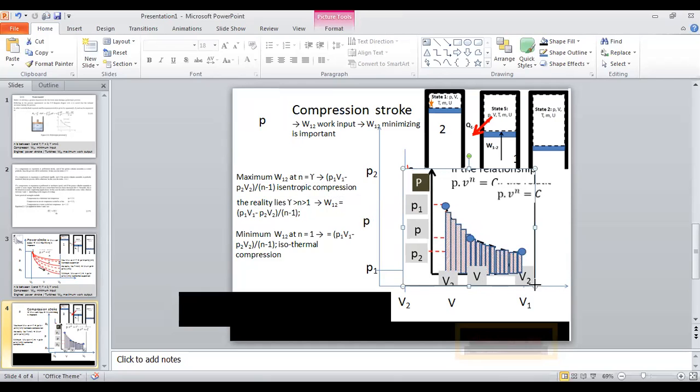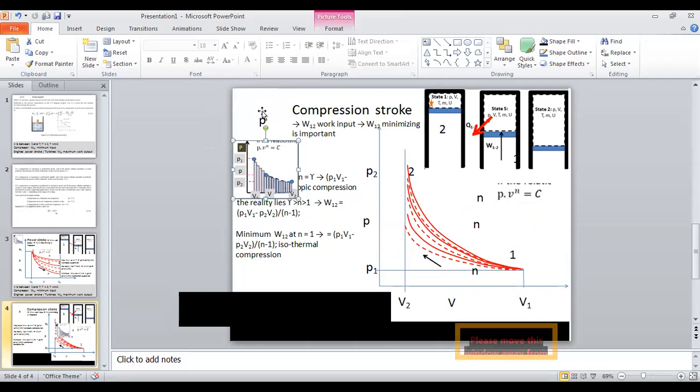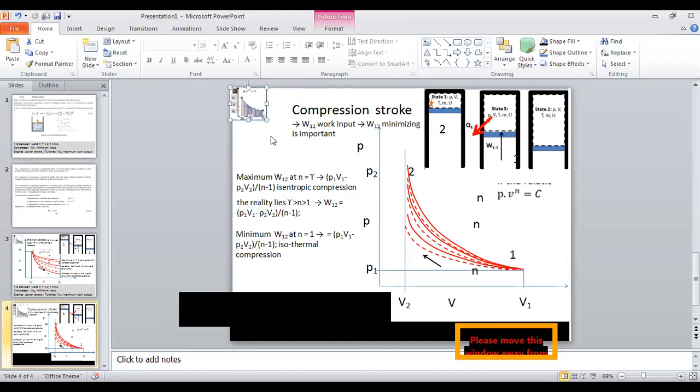So I just keep it minimized. So W12 minimizing is important here.